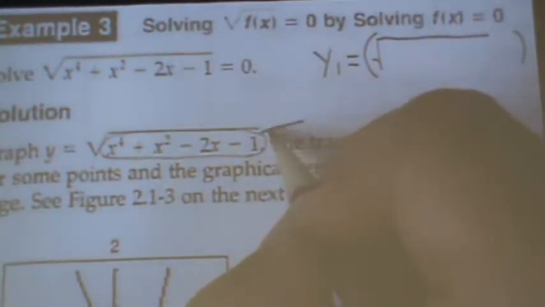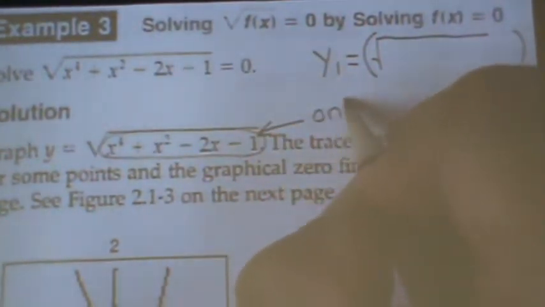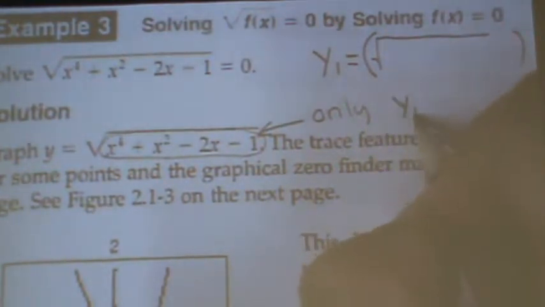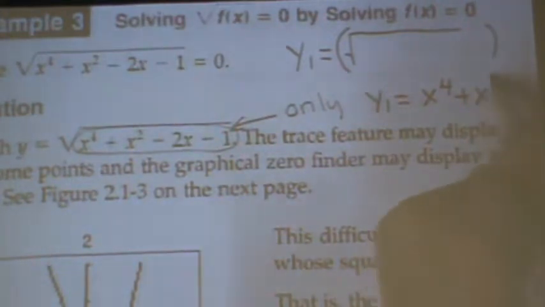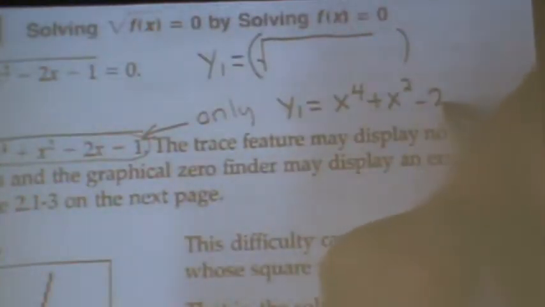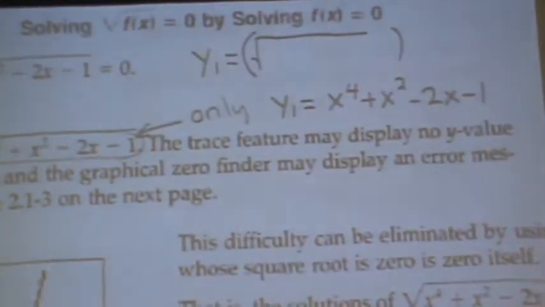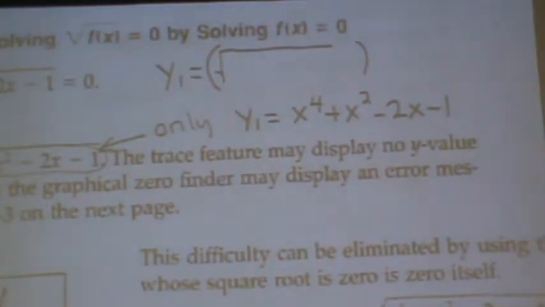So what you do for this one, you take only x to the 4th plus x squared minus 2x, only what's underneath it, and set that equal to 0. So for this one, I want you to do that.